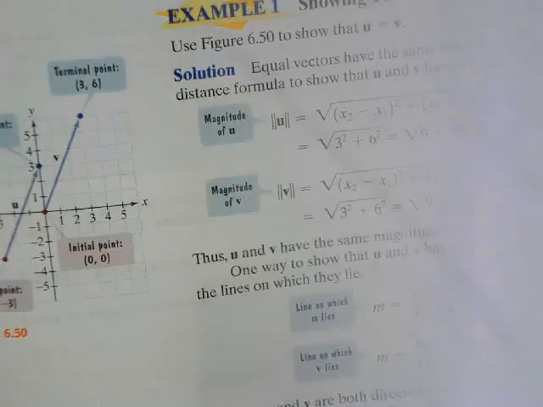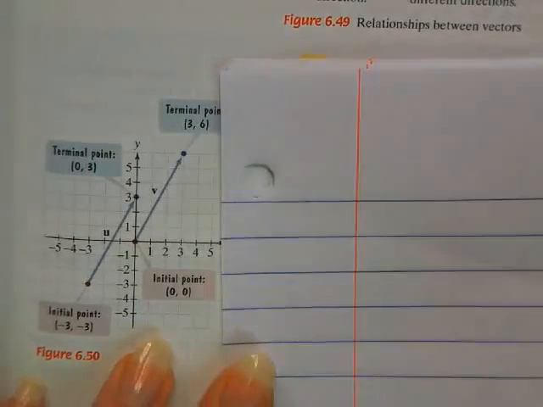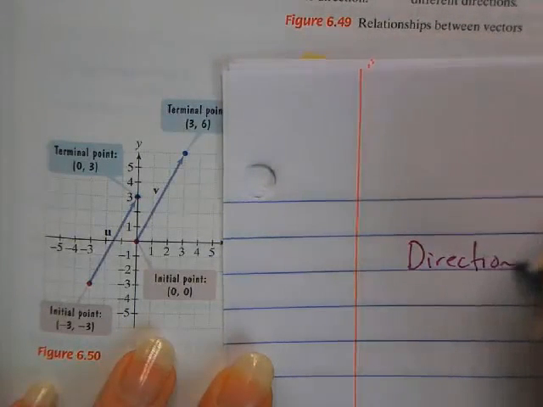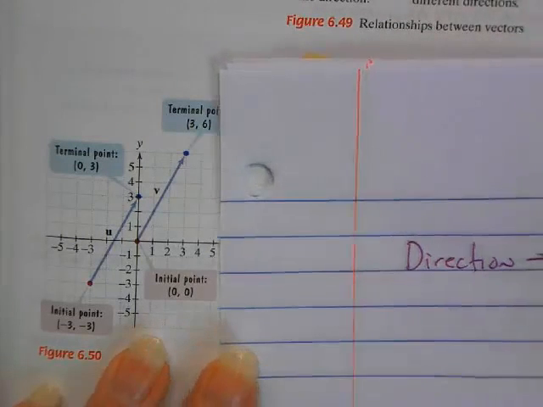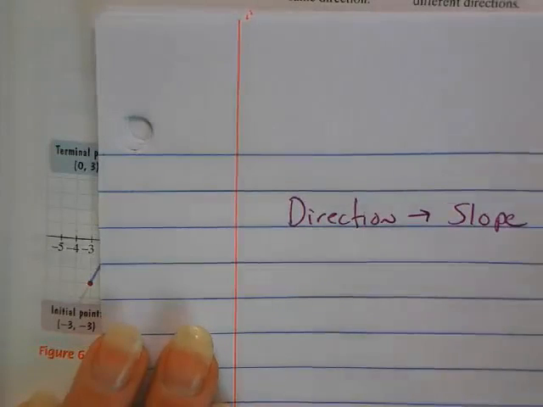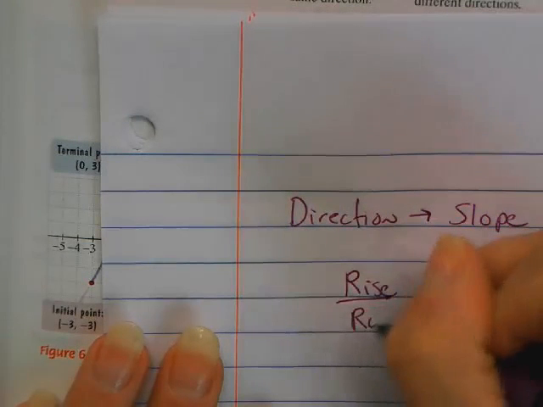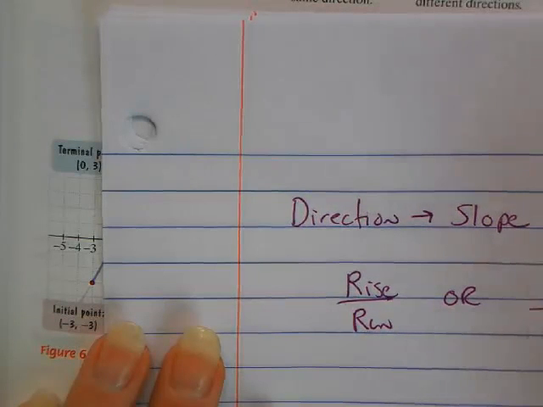Okay? So we know that they have the same magnitude. The question is now, do they have the same direction? So to find direction, we're going to do slope. Now remember, there's two ways you can find slope. You can count rise over run, or you can do y minus y over x minus x.